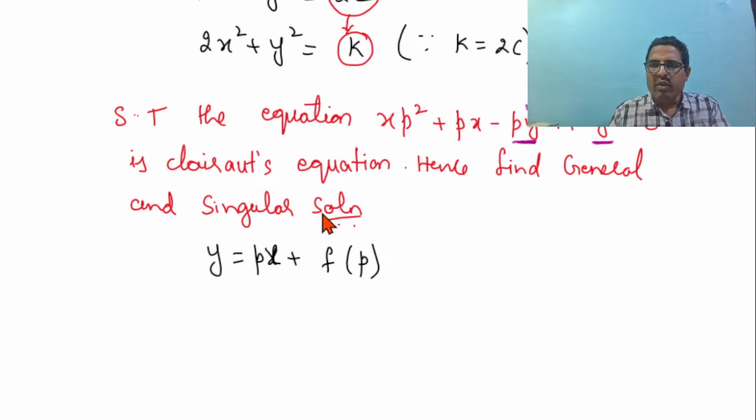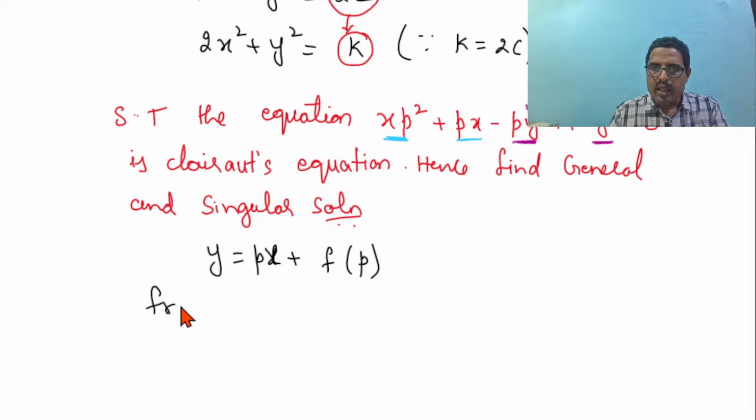And where is the px value? If you observe, this px value is over here and px value is over here. So let me take that as common. From these two terms, I can take y to be common, and from the first two terms, I will take px to be common. So let us rewrite it.